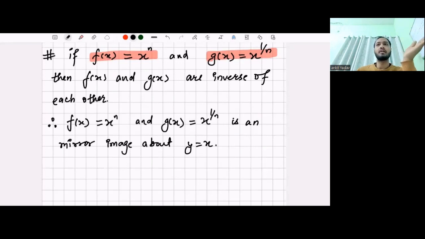Both those functions are mirror images of each other. Then जो भी इनका ग्राफ बनेगा, that will be just a mirror image about the y is equal to x line.